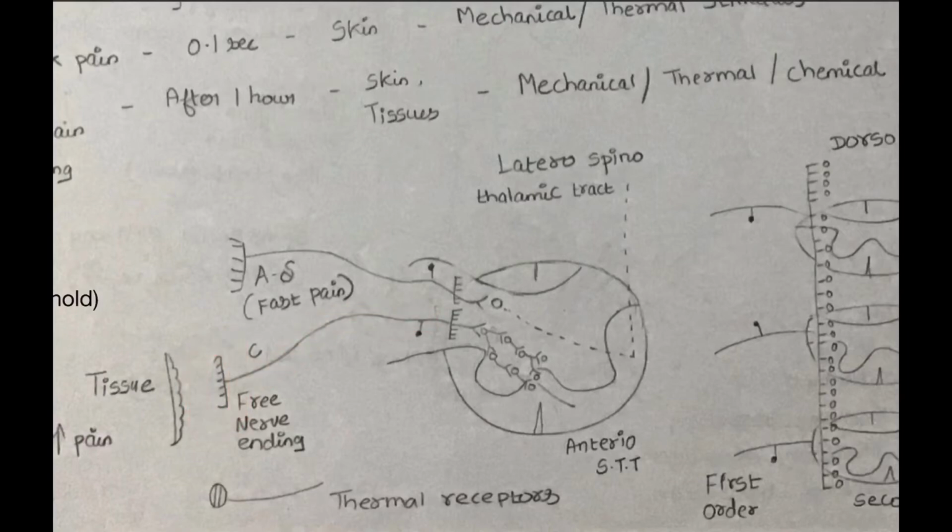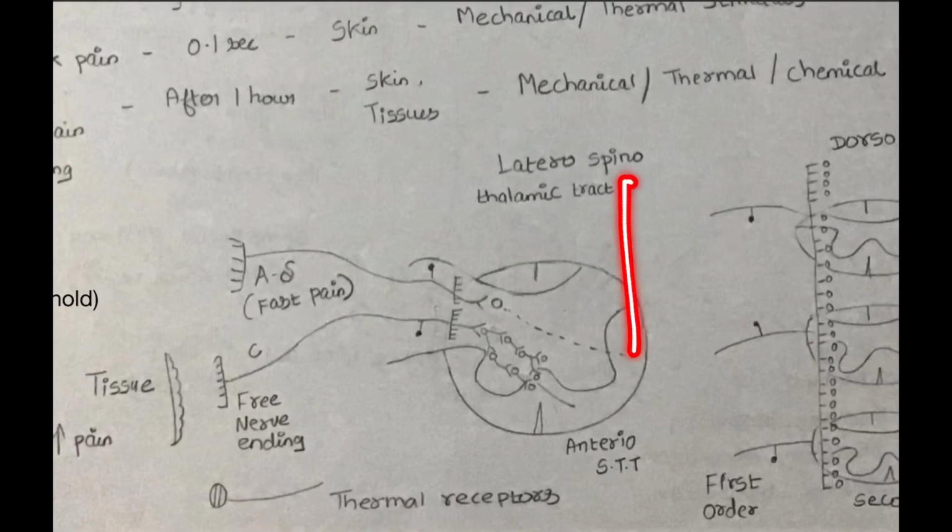These fast pain fibers, after entering the spinal cord, will immediately meet the second order neurons within the spinal cord, and from the second order neurons, these sensory nerve fibers will go to the lateral system and go upwards, to the thalamus.